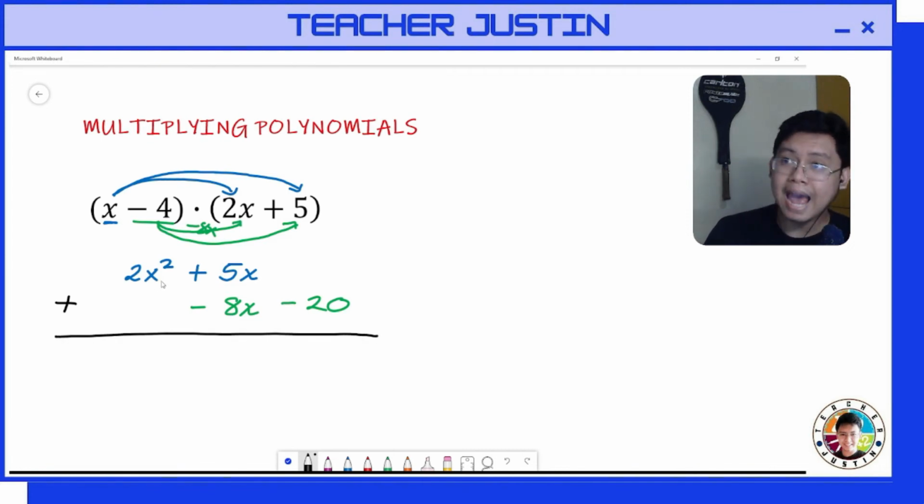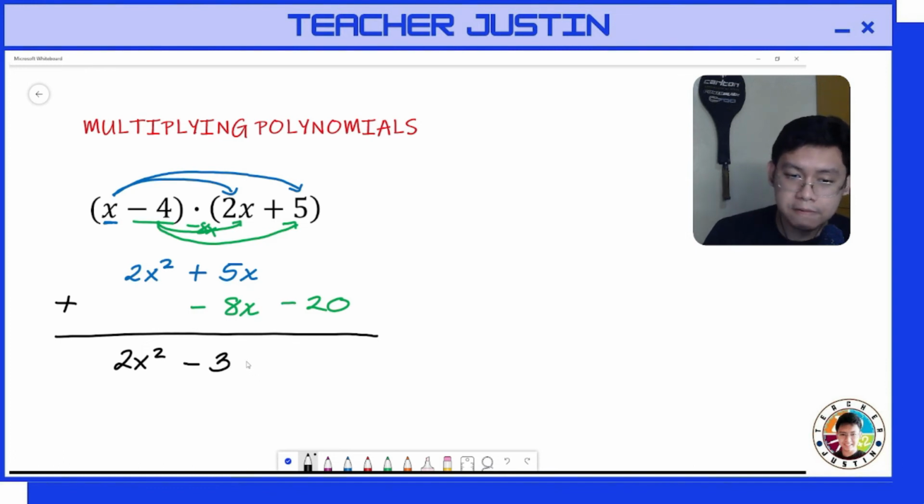Okay, so let's add. We have 2x squared. Since it doesn't have any partner, we will just bring it down. 2x squared. Next, we have positive 5x plus negative 8x. Now, since they have different signs, we copy the sign of the larger number, which is negative, and then subtract 8 minus 5. That will give us 3.